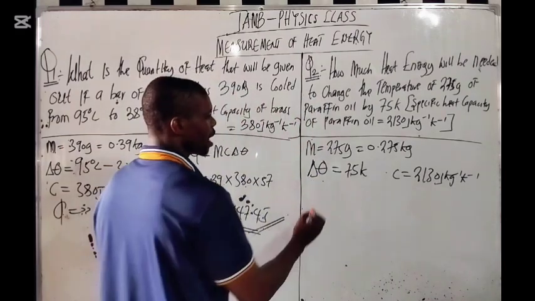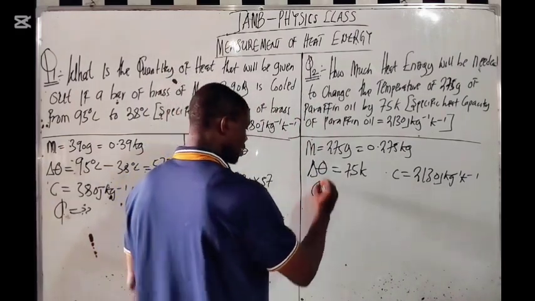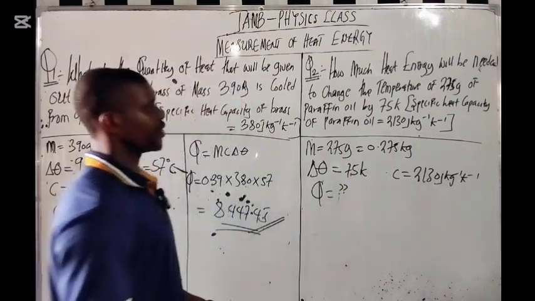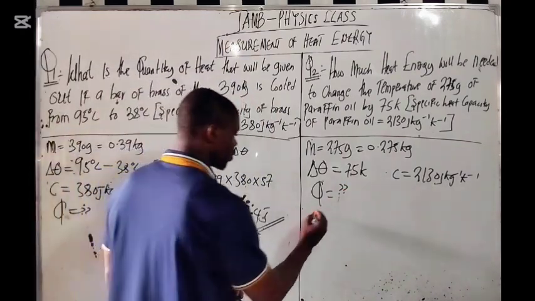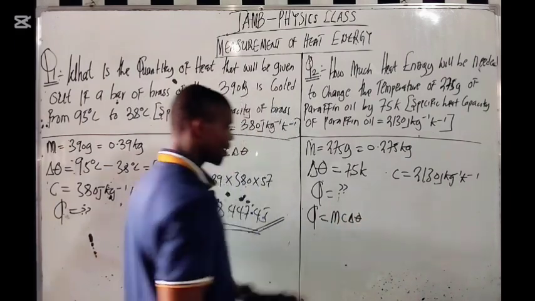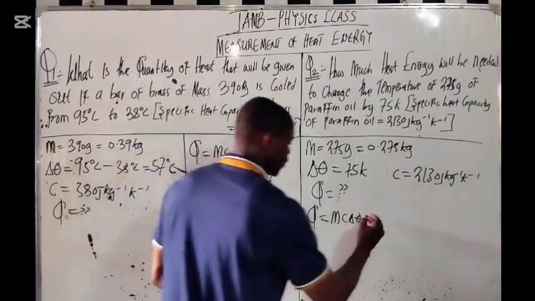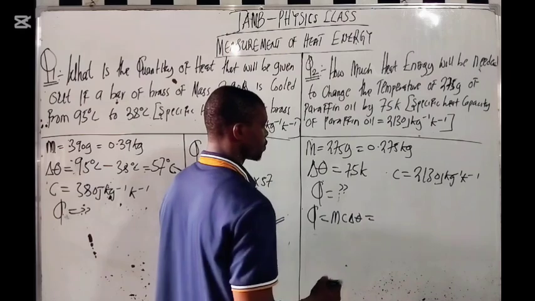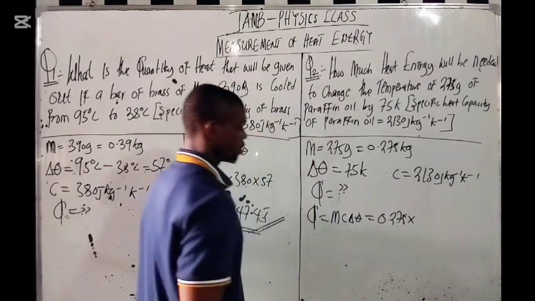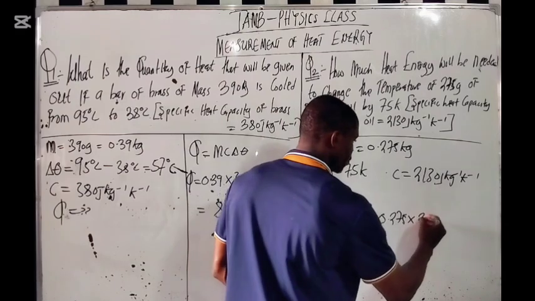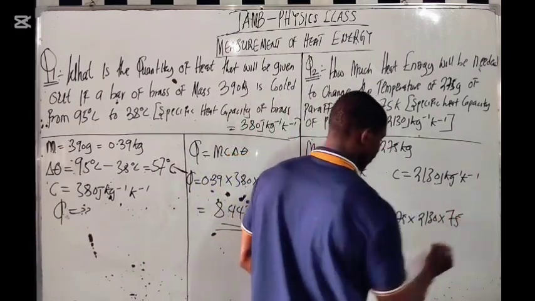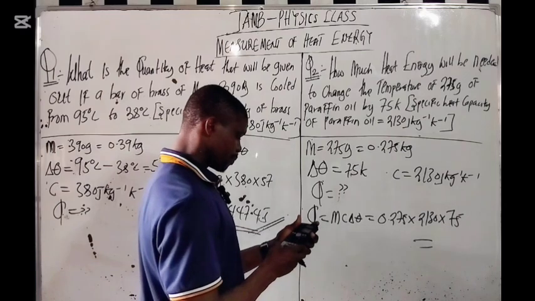So they're asking about the heat energy. Here we have Q equals mc theta, the change in temperature. So you're going to have 0.275 times 2130 times 75. What is the answer here?